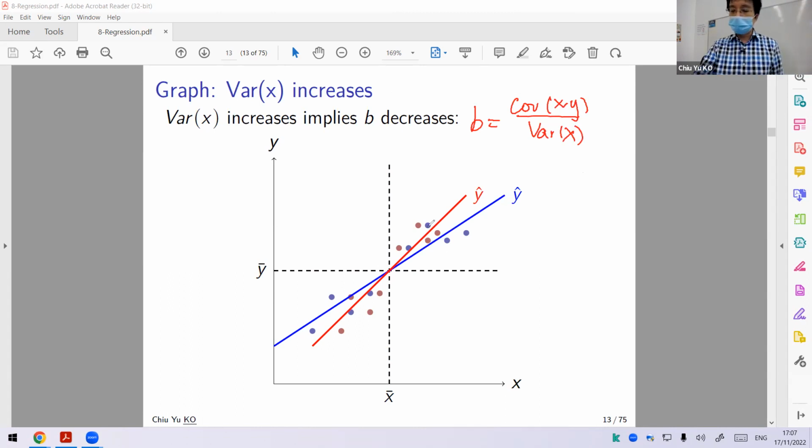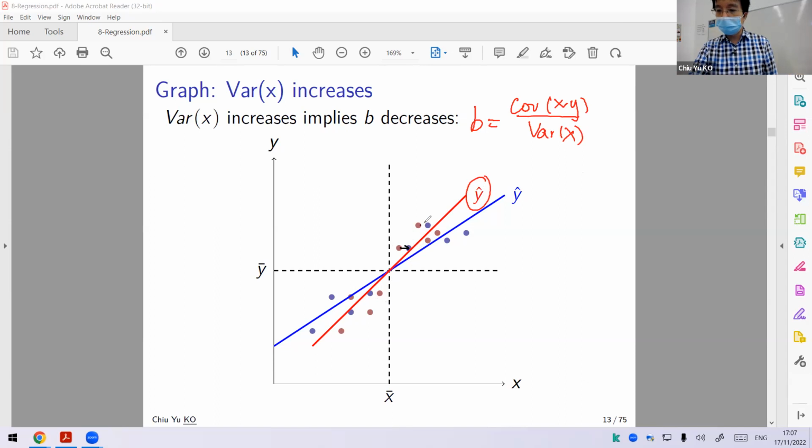So try to look at the red one as the original one, okay? The red one is the original line. Okay, the original line is like this, okay? And now your variance increases, okay? Variance increase means what? Only increase variance of x, y kept unchanged. So it means that everything, looking from the center of x, is moved away in this direction, right?